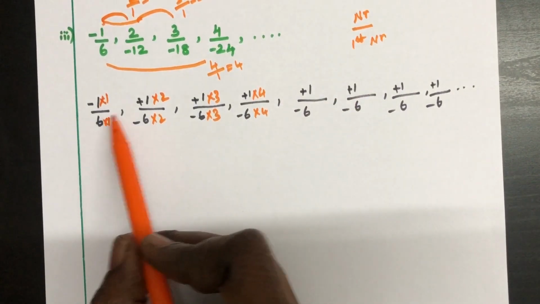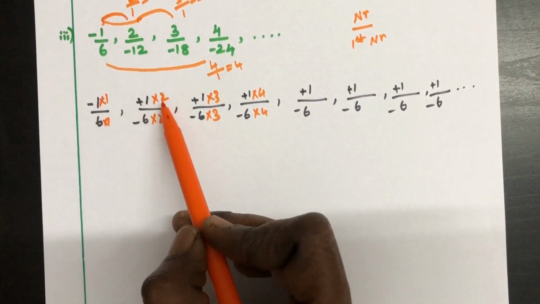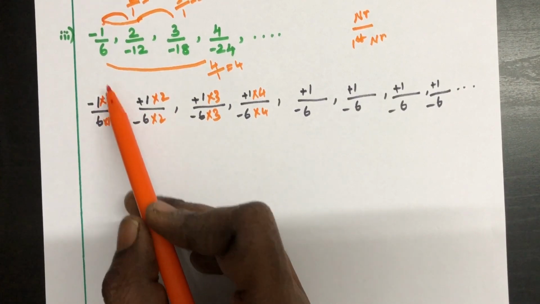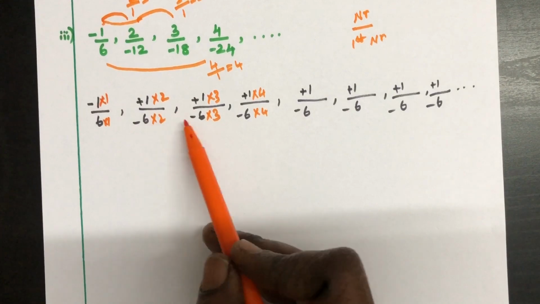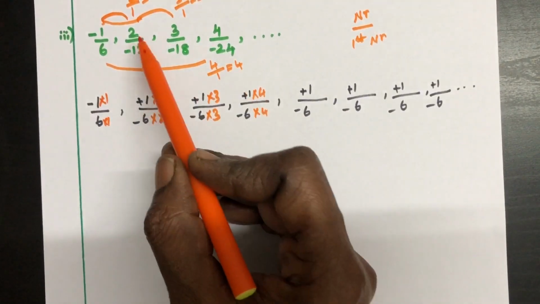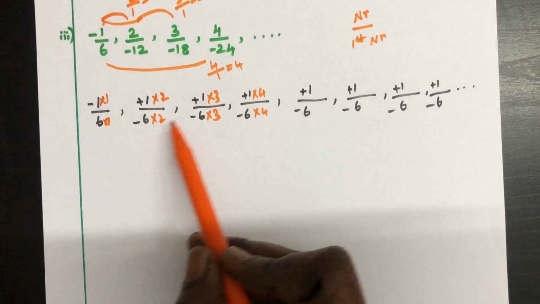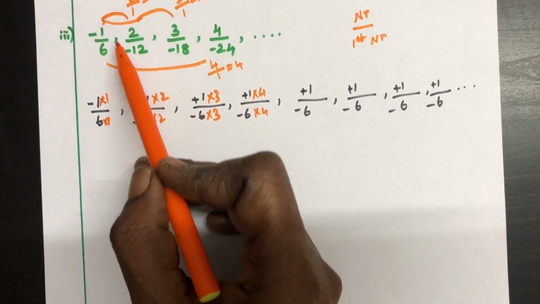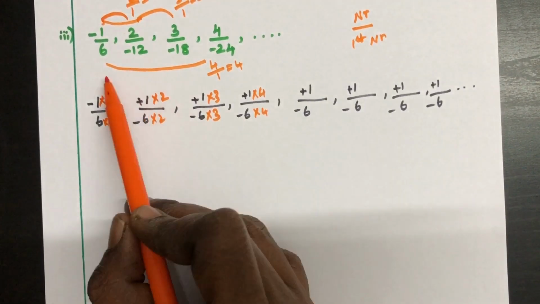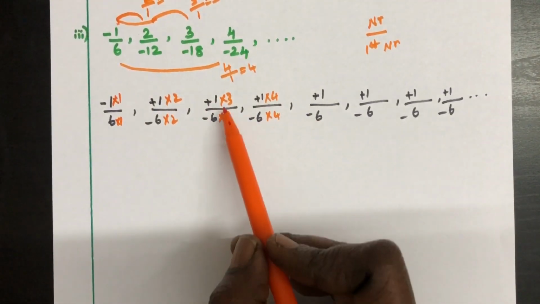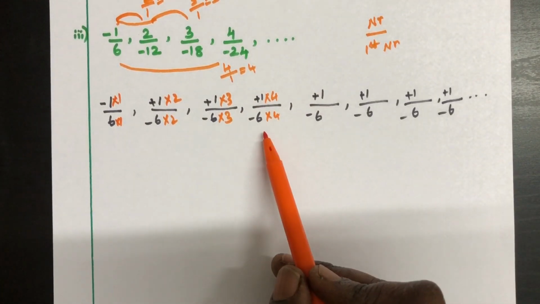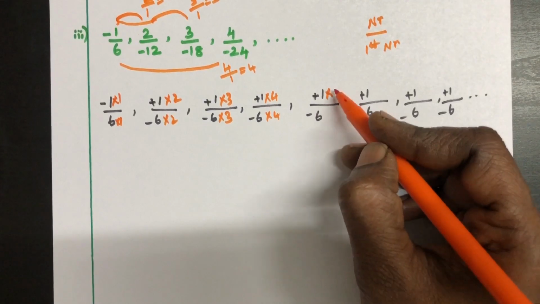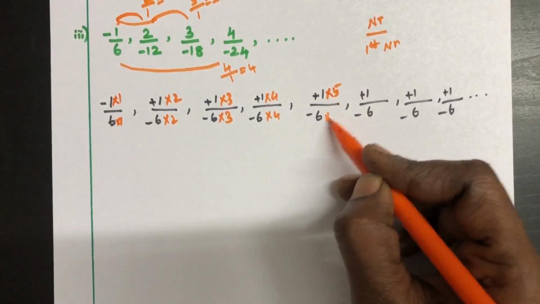Now see here, same thing they have used. Minus 1 by 6 into 1 by 1 is minus 1 by 6. Similarly here also, see, 2 by minus 12. You can have negatives in the numerator or denominator, that's not a problem. Here 3 by minus 18, 4 by minus 24. What do we need to do here? Into 5, into 5.